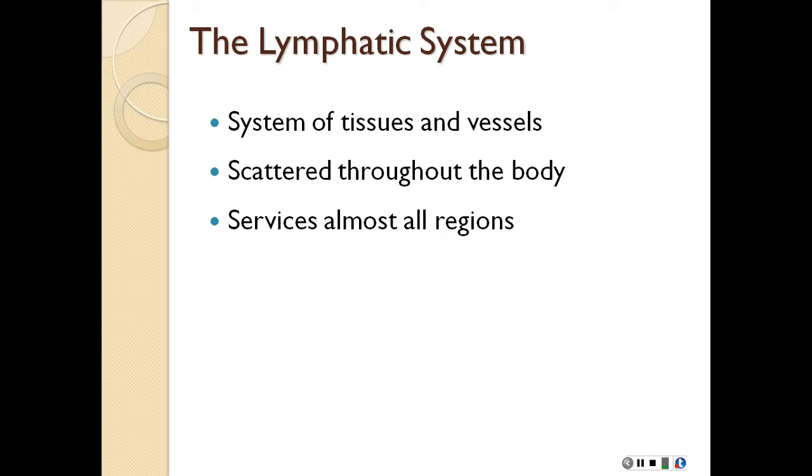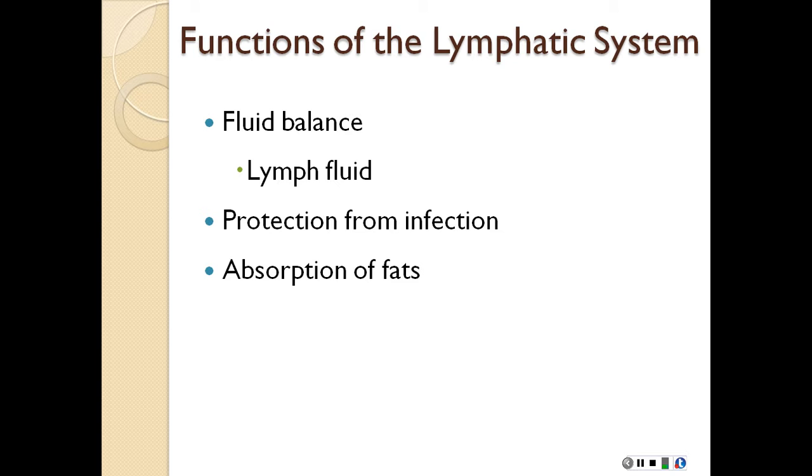And the tissues we'll talk about are usually referred to as lymphoid tissue, and that just means they contain lymphocytes, one of the types of white blood cells. They're scattered throughout the body, so the lymphatic system is scattered throughout the body, the vessels, and they service almost all regions. So we'll see what that means in a moment.